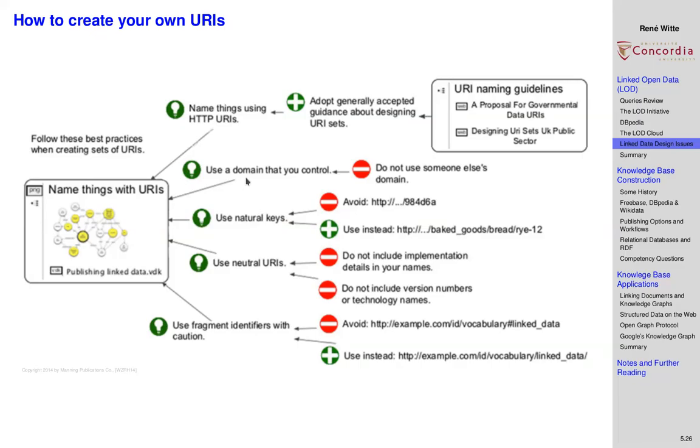When you do this, I also mentioned the second principle, that you have to use a domain that you control. I gave you the example where I made up a URL using Concordia, where I said http://concordia.ca/comp674/week3/slide4.